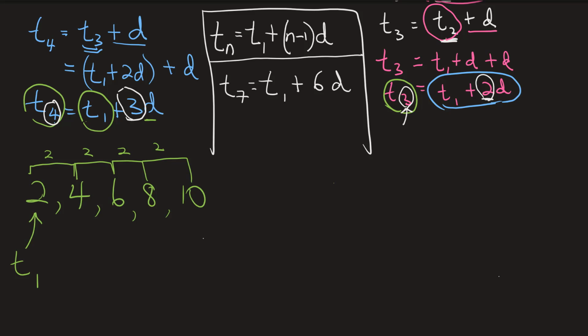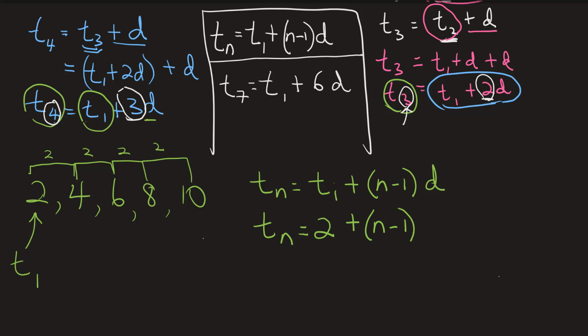Right, let me write the formula out again. Tn is equal to the first term T1 plus n minus 1 multiplied by d. So for this arithmetic sequence, Tn is equal to the first term, which is 2, plus n minus 1 multiplied by d, which is 2.